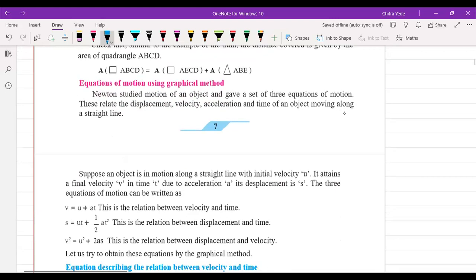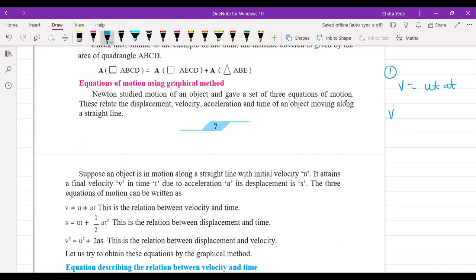Now we will discuss equations of motion. We have three equations of motion, right? The first equation is V equals U plus AT.